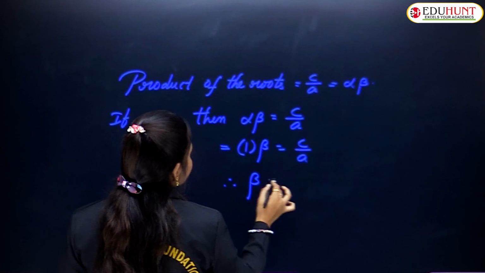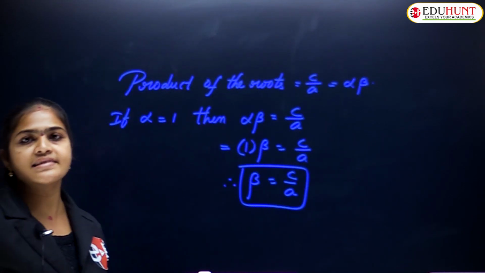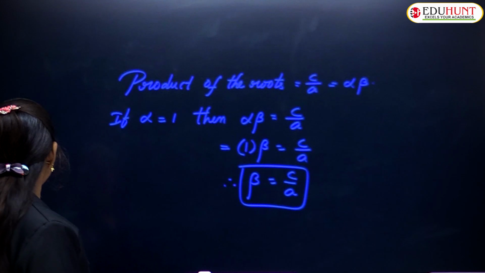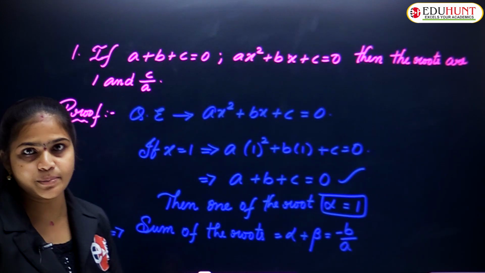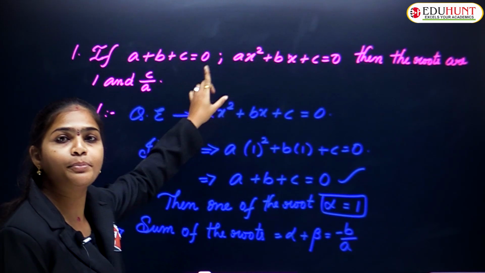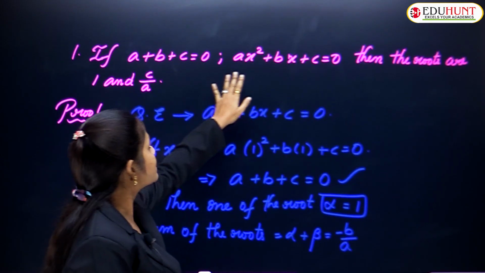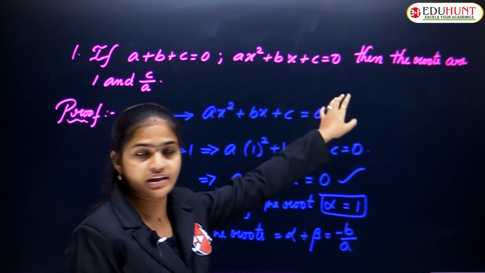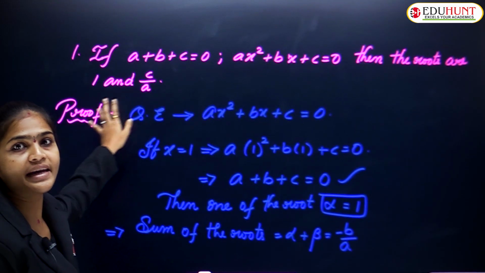Therefore beta is equal to c by a. So what is the second root here? That is c by a. So if one of the roots is 1, the other root is c by a. This condition is applicable if a plus b plus c is equal to 0 for the quadratic equation ax square plus bx plus c is equal to 0; then the roots are 1 and c by a.